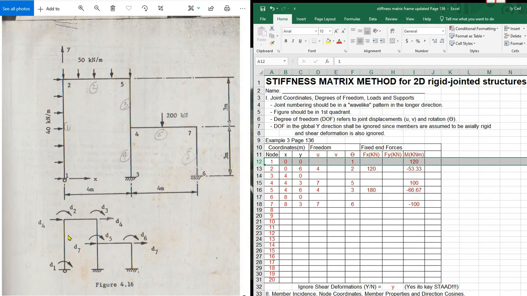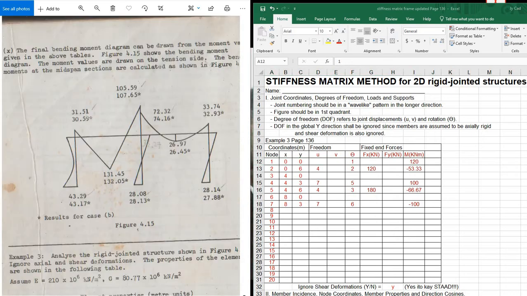Ngayon, bakit tinanggal yung vertical displacement? Because the problem says ignore axial and shear deformations. So, ibig sabihin nito, wala kang displacement na vertical. Okay?